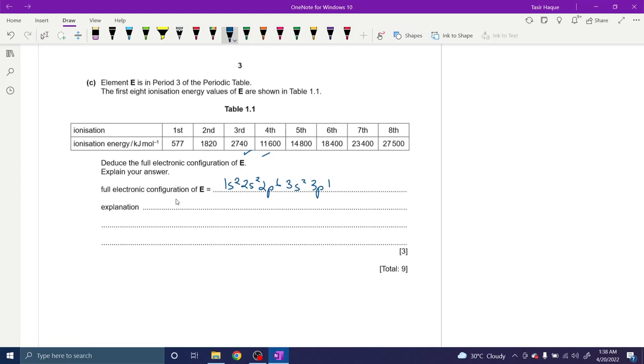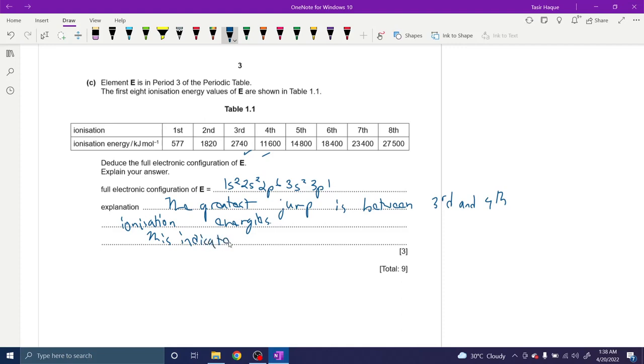The greatest jump is between third and fourth ionization energies. This indicates that there are 3 electrons in the outer shell, right?